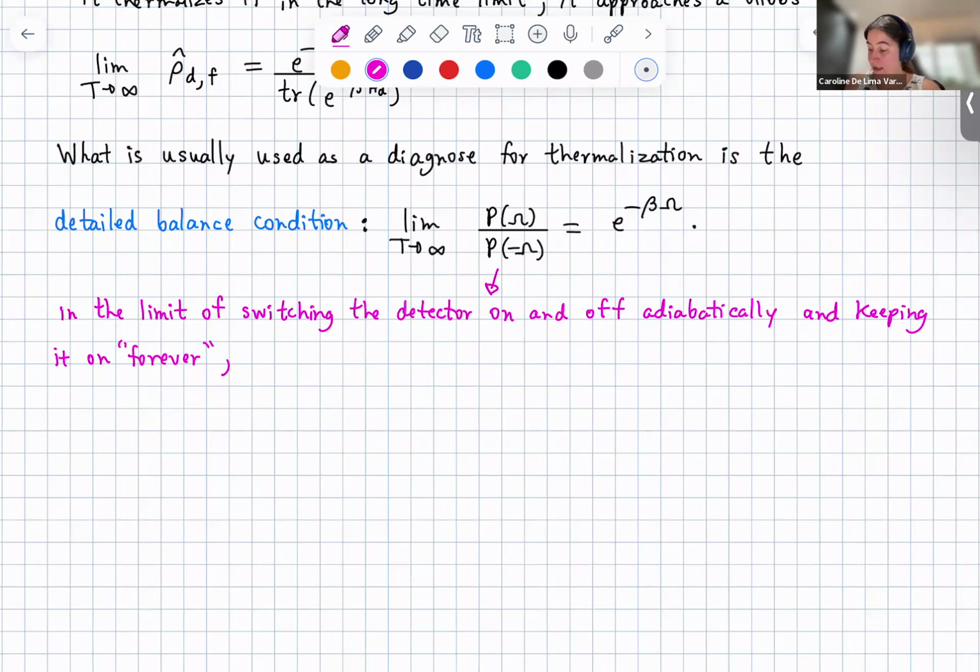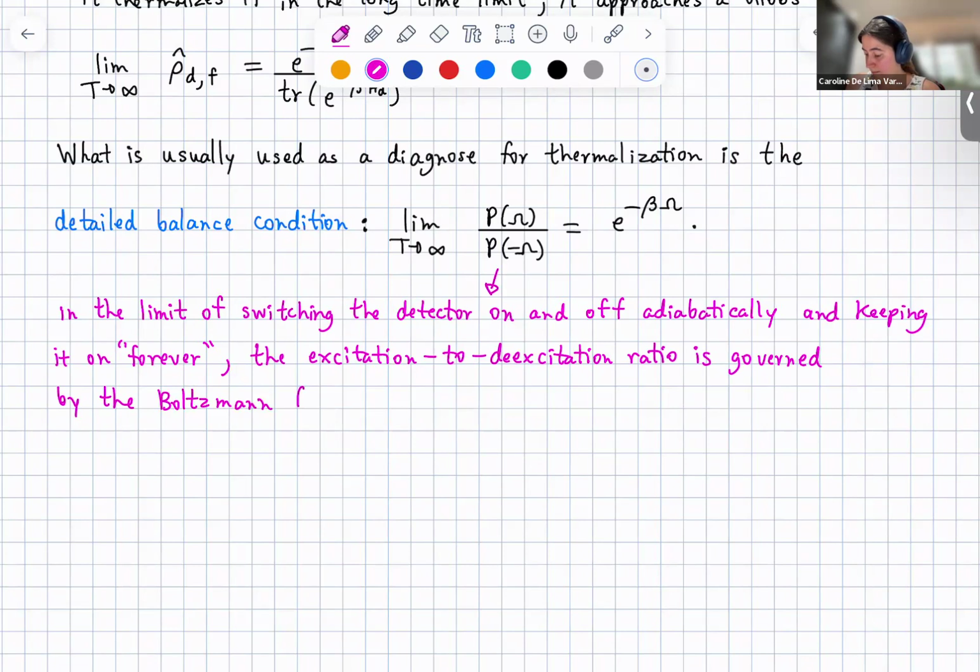In that limit, the excitation to de-excitation ratio is governed by this Boltzmann factor. Okay, that's what this detailed balance condition is saying.